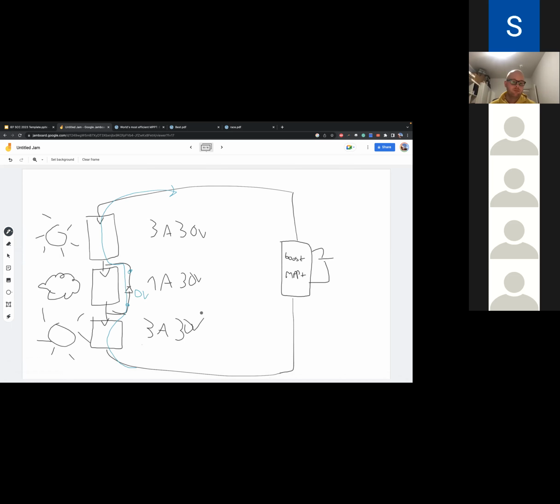For the shadowed one that gets 3 times less power, we should be getting 3 amp 10 volts. But that's not how IV curves of solar cells work. Unfortunately, we would like the voltage to drop rather than the current, but it does not, because that's not how solar cells work.